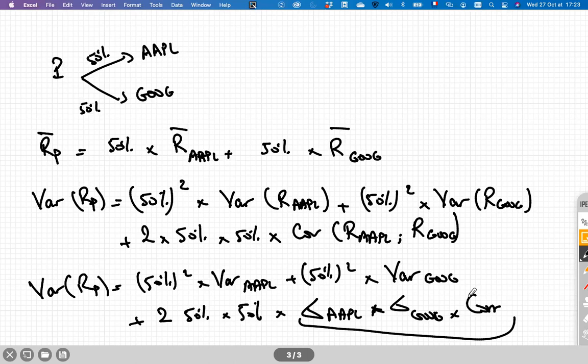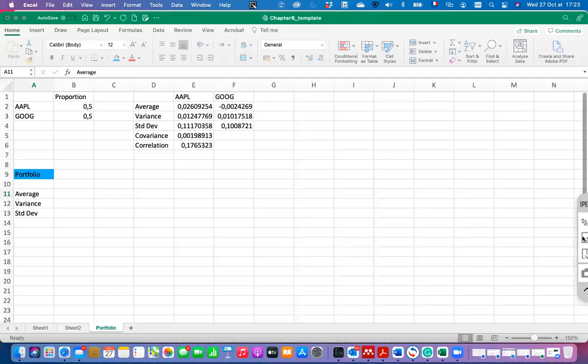Now let's try to apply this formula using Excel. Let's go back to Excel. So start with the average.